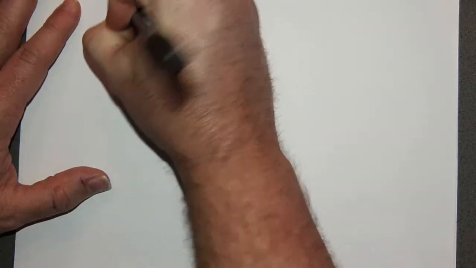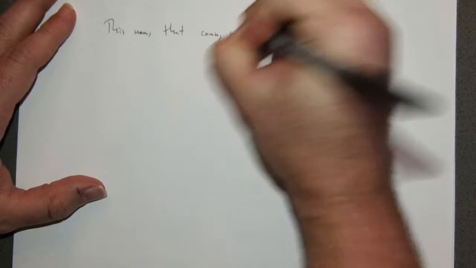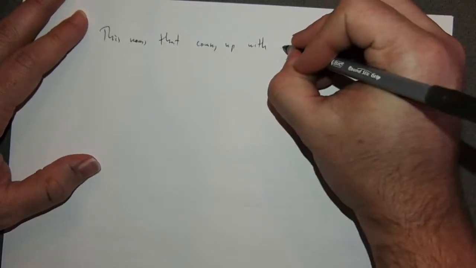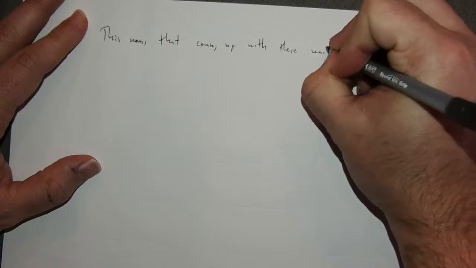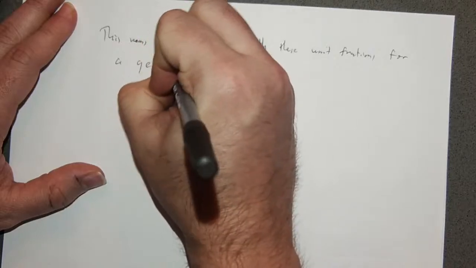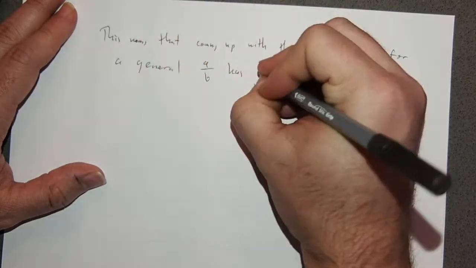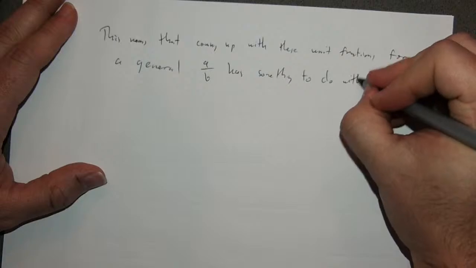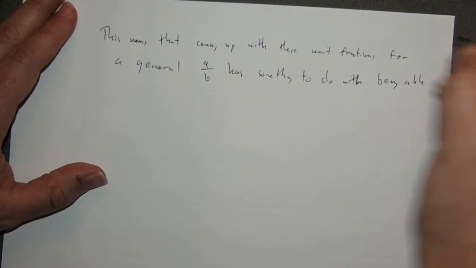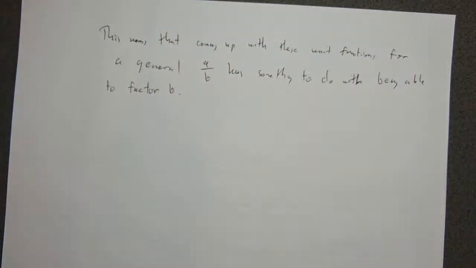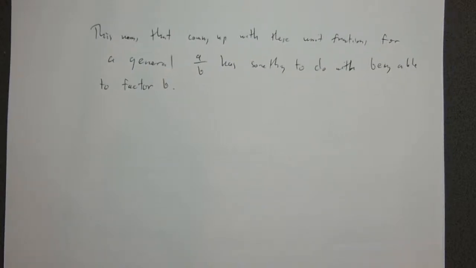So this means that coming up with these unit fractions for a general A over B has something to do with being able to factor B. Of course, this is not the only way, as noticing that pattern.